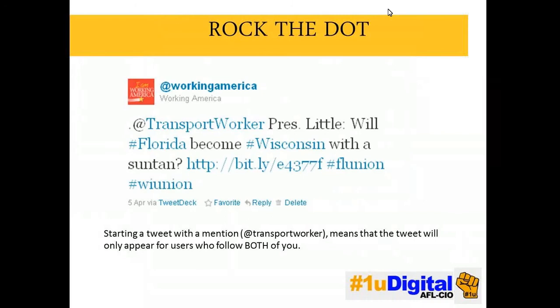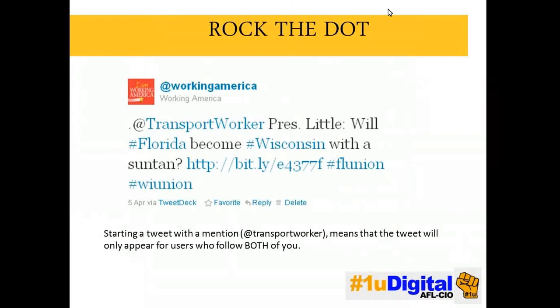So if you're starting with someone's handle, you run the risk of really minimizing the folks who are going to see what you're putting out there. But if instead you start with a period or any other word, even something as simple as the word hey, or just a dot, then more people will see that.